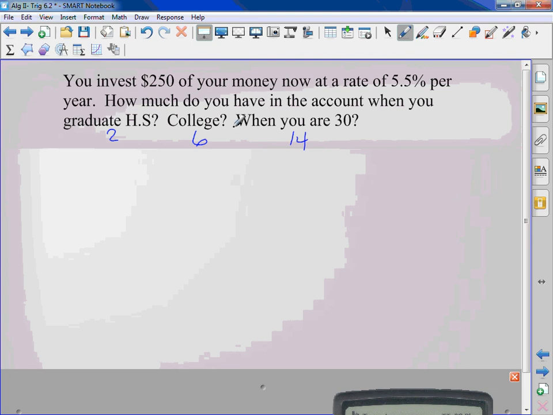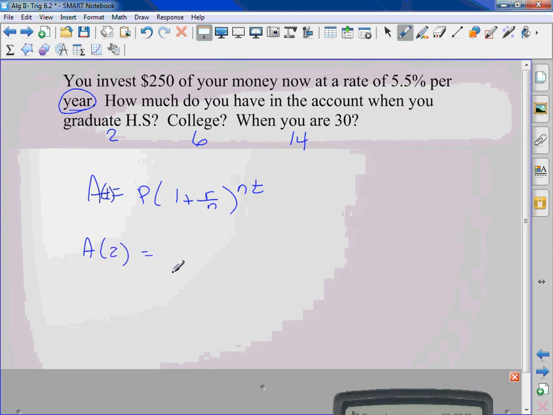Now, this is compounded yearly. So I have A equals P times 1 plus R over N to the NT. A of T, so A of 2.